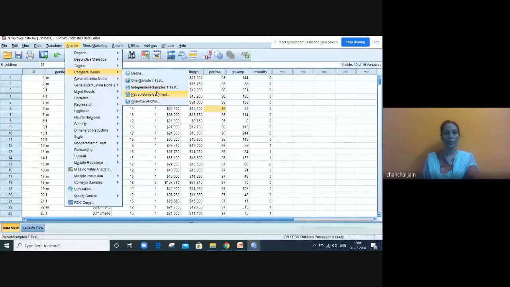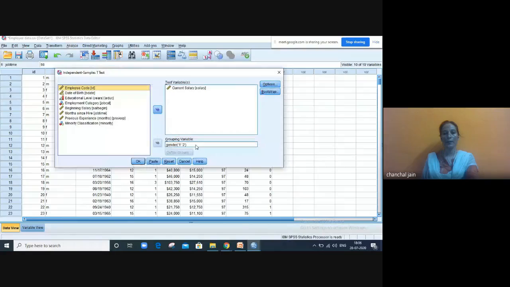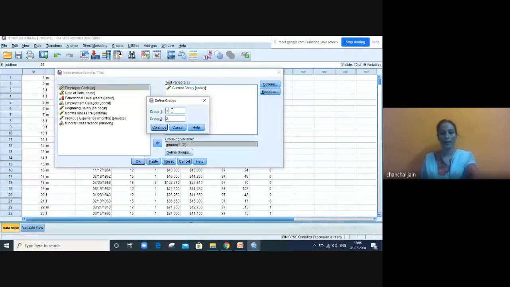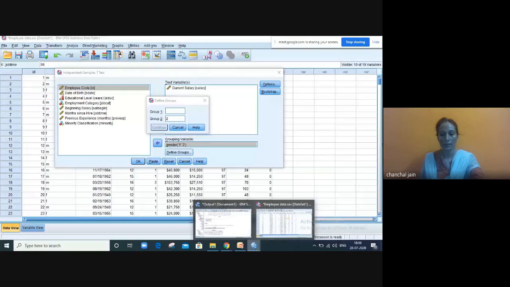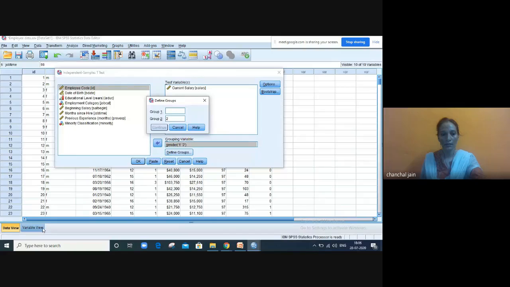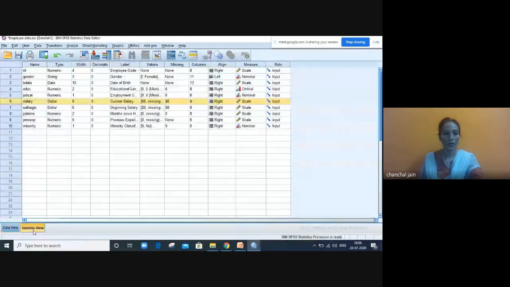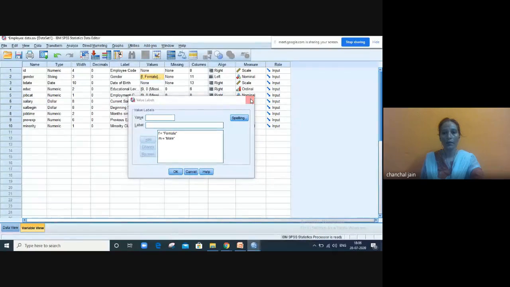So again I'm repeating the independent sample t-test and changing the defined groups. I need to check this again. Gender: nothing is written, only F and M.